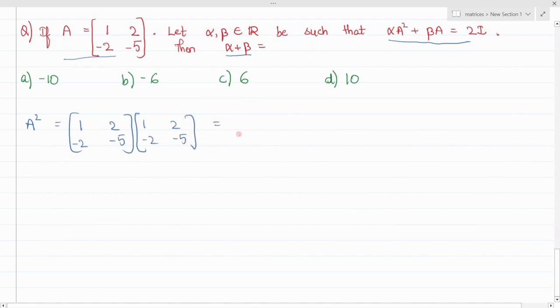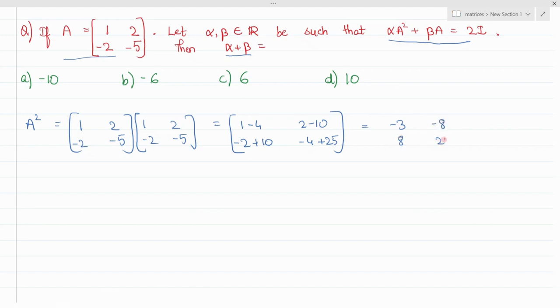When matrix multiplication is possible, so when we do it, here it becomes 1 minus 4, 2 minus 10, minus 2 plus 10, minus 4 plus 25. It is nothing but [minus 3, minus 8; 8, 21].